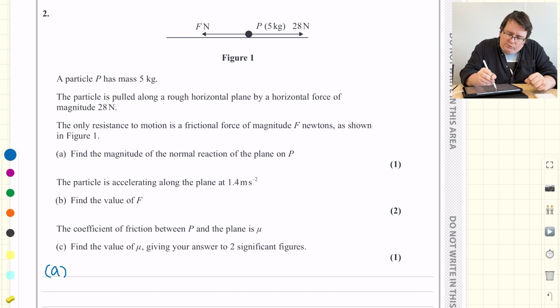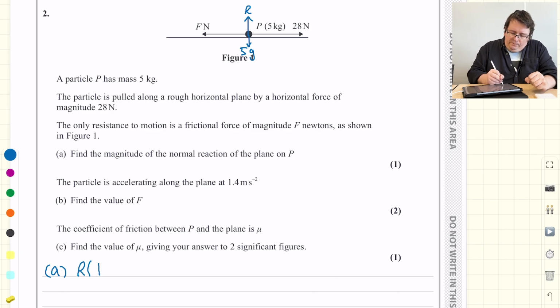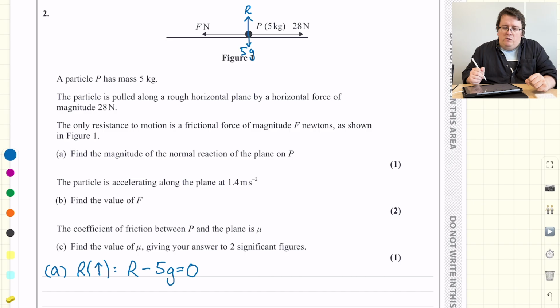Okay, so we're going to add to our diagram the weight, the weight acting vertically downwards, which is going to be 5g, and then you've got the normal reaction working vertically upwards, which is R. So if we resolve upwards, then we have the normal reaction R, take away the weight, which is 5g, and that's going to be equal to 0 because we're not accelerating vertically.